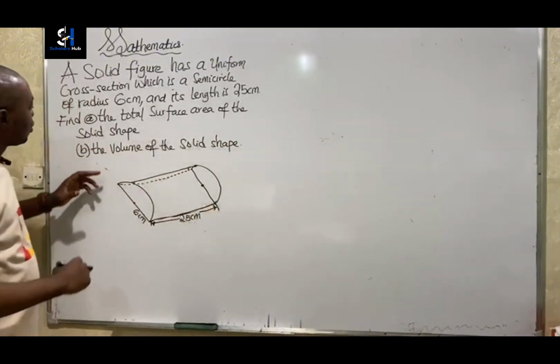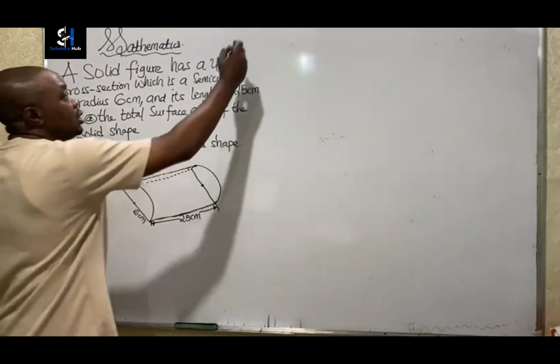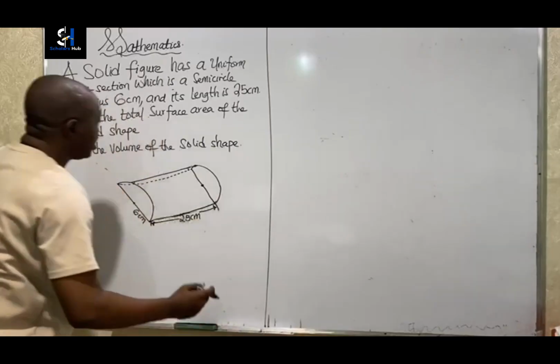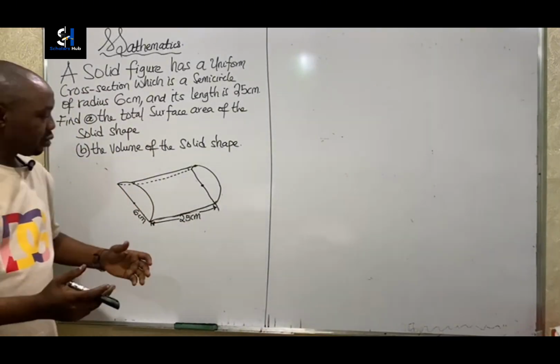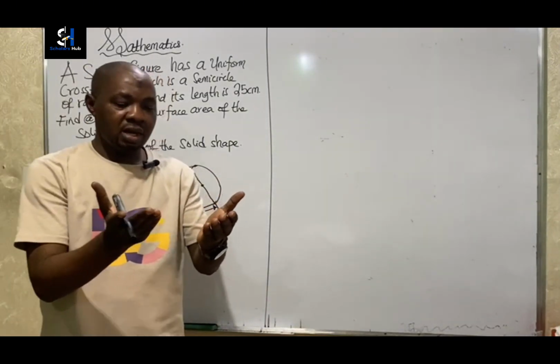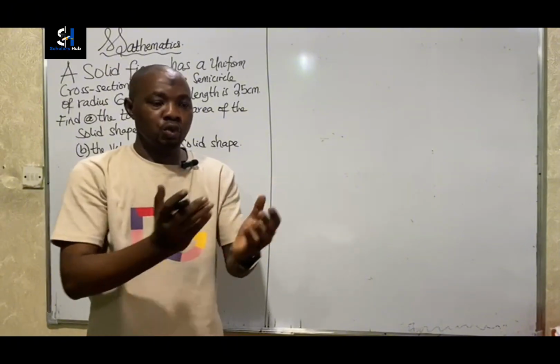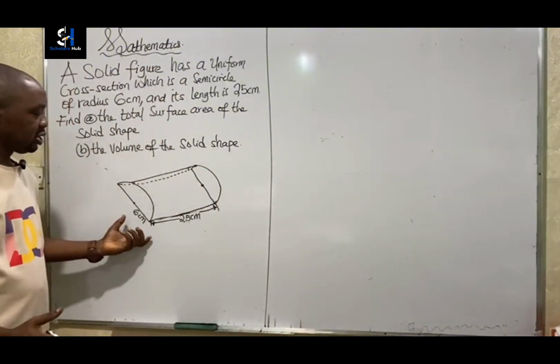To calculate the total surface area, we can see that this shape looks like a cylinder cut into two. One half of the cylinder is this shape.